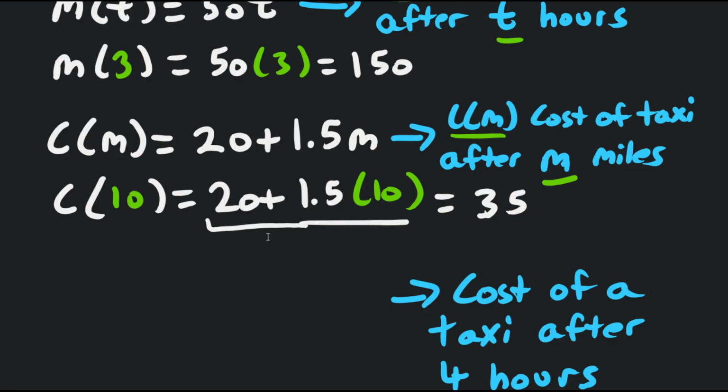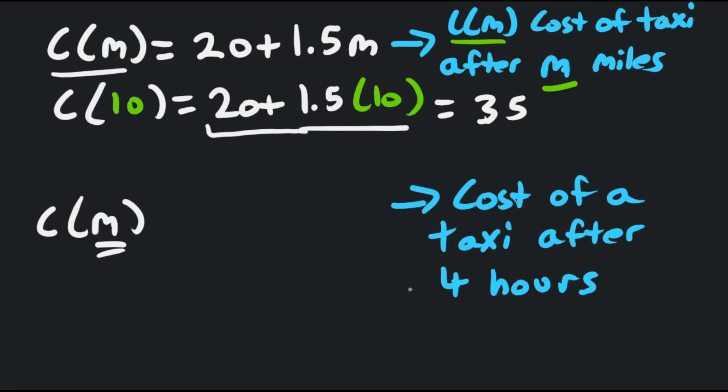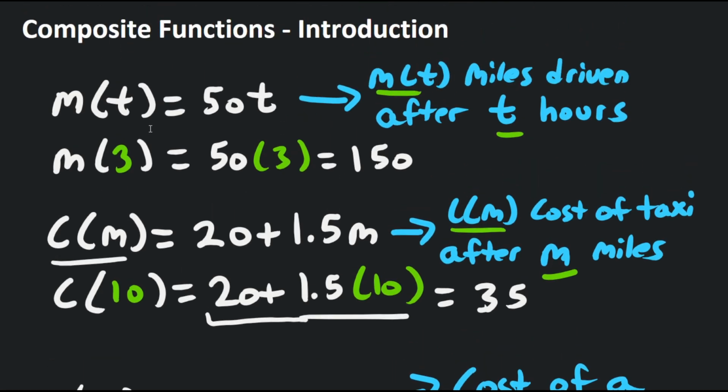Well, we can't really use this cost formula right here because it is c of m, and we don't have m, we don't have miles driven. We have hours passed, we have 4 hours. So we need t to represent the hours. But we have this other formula, m of t.